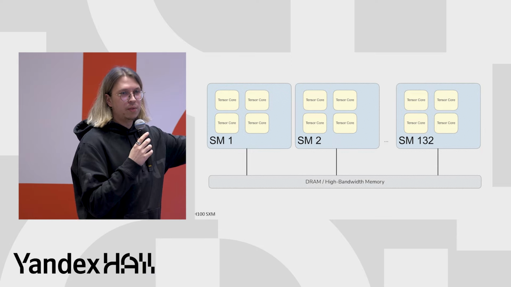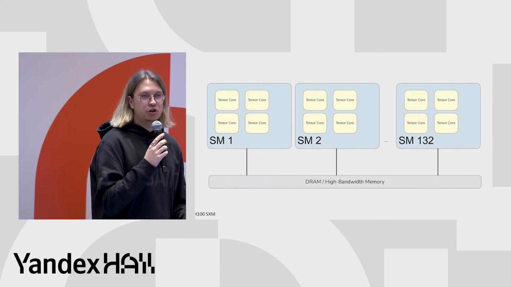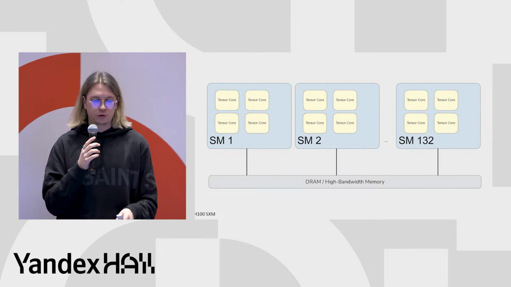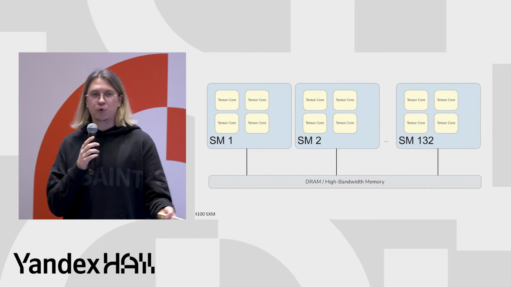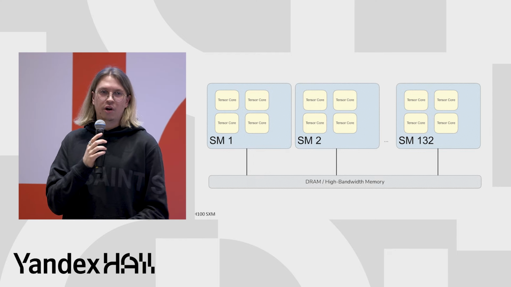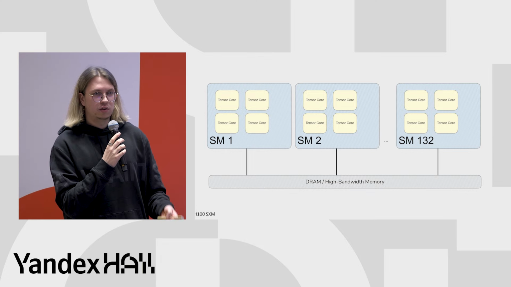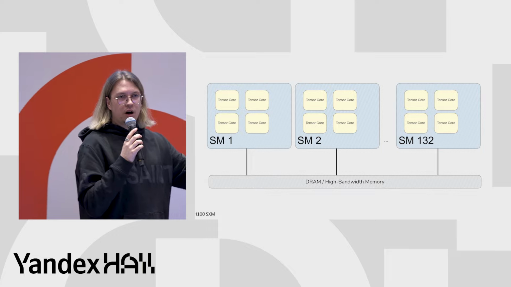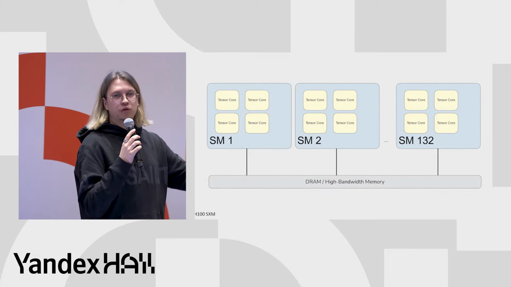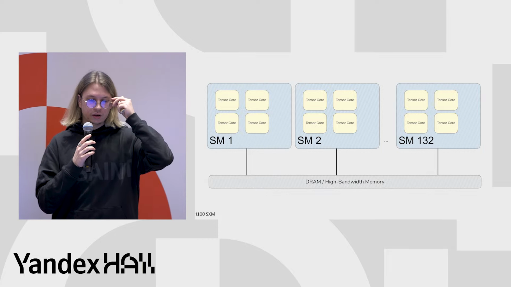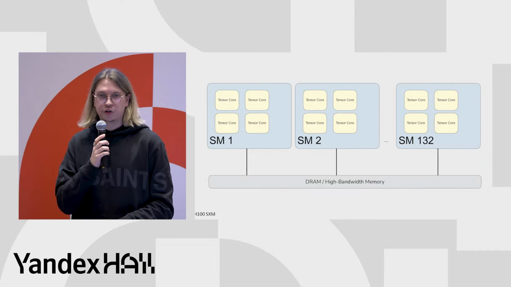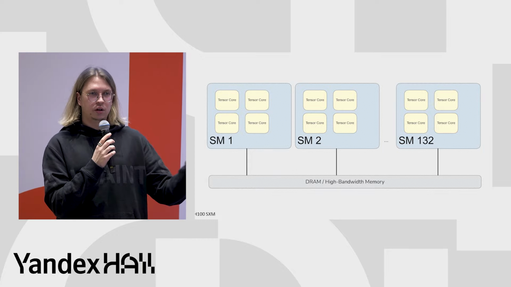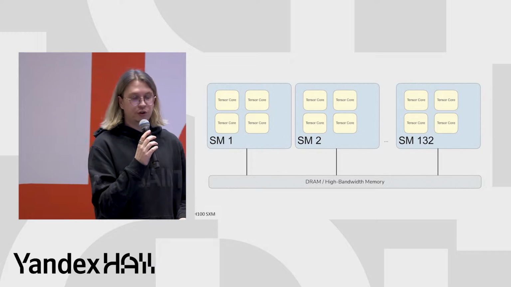You have a high bandwidth memory, or DRAM, which is really big, but is really slow at the same time. Usually if we talk about H100s, which we will be using throughout this talk as a reference, it is 80 gigabytes of capacity where all your model weights, optimizer states, and so on and so forth are stored. And then there are things called streaming multiprocessors, so here they're marked with SM1 and so on and so forth, SM132.